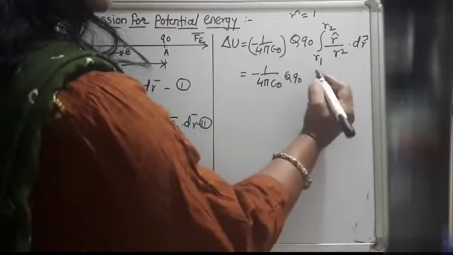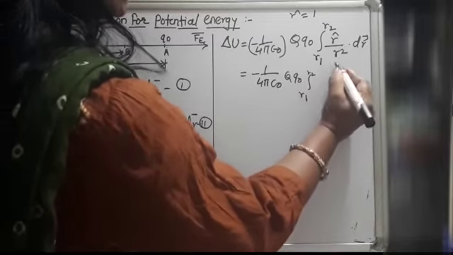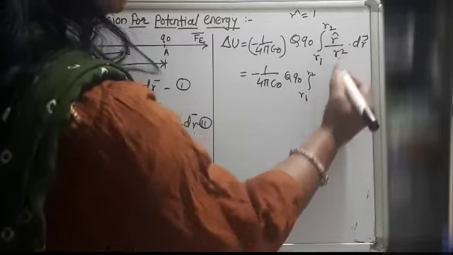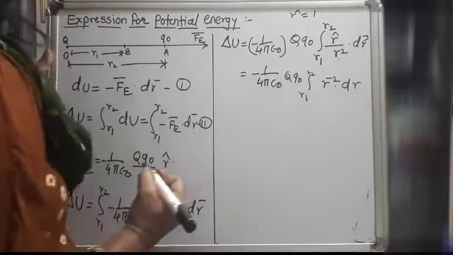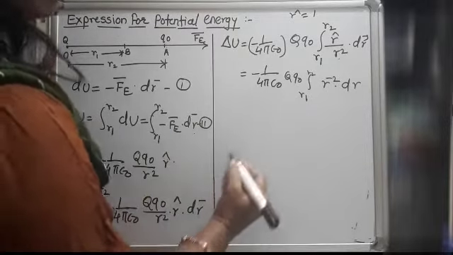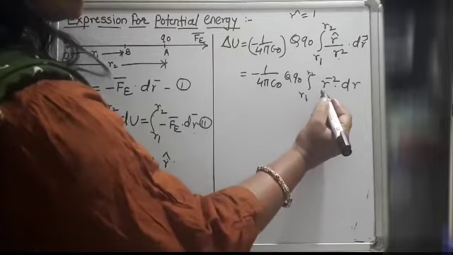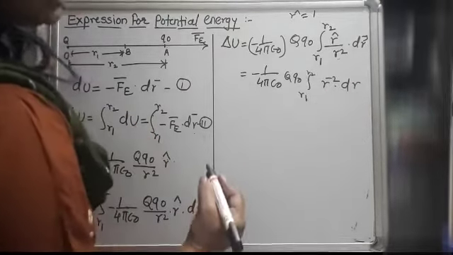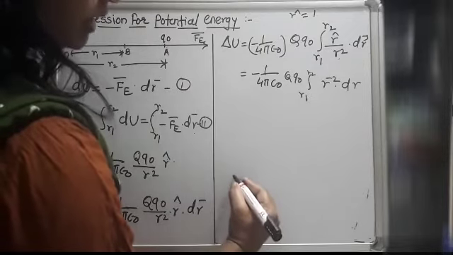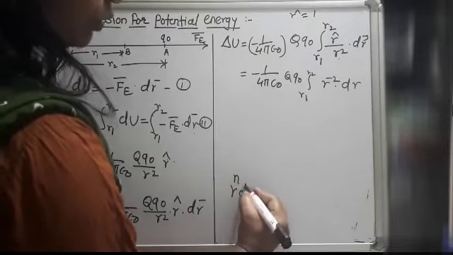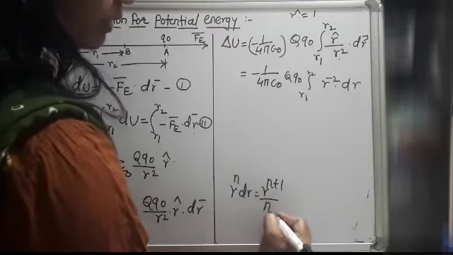Then the integration is from r1 to r2 of r raised to minus 2 into dr. Here we use the integration formula: the integral of r raised to n into dr is r raised to n plus 1 upon n plus 1.